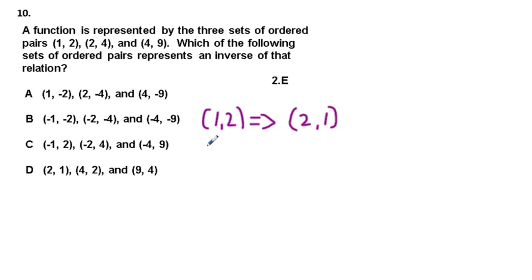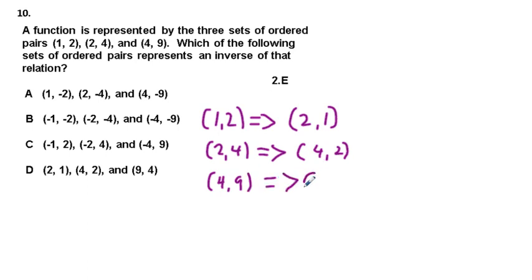The (2, 4), taken at its inverse, is going to be (4, 2). And the last thing we have is (4, 9). Its inverse is going to be (9, 4). Our only answer choice for that is going to be D.